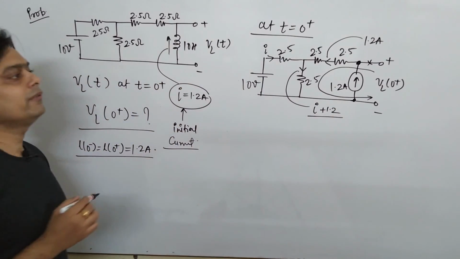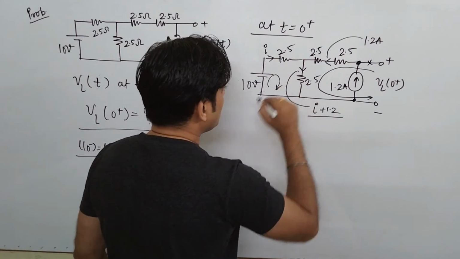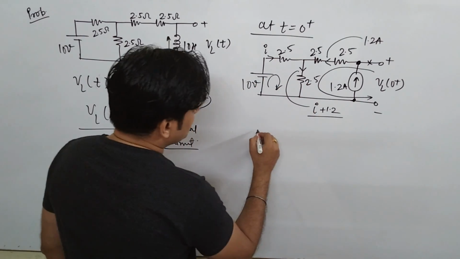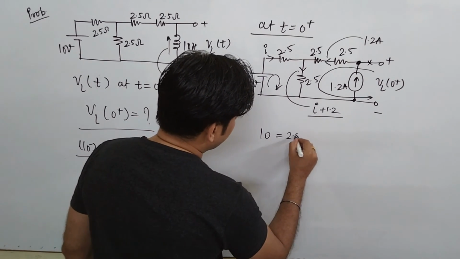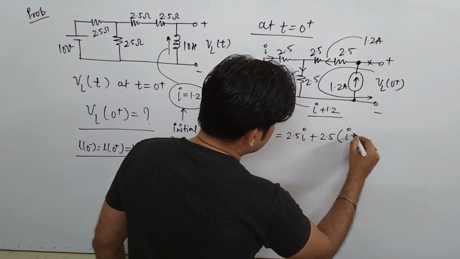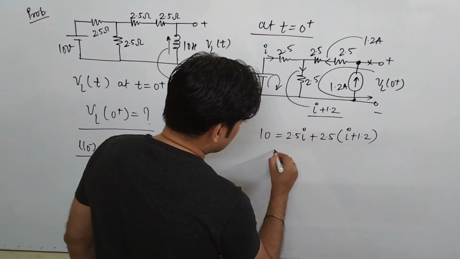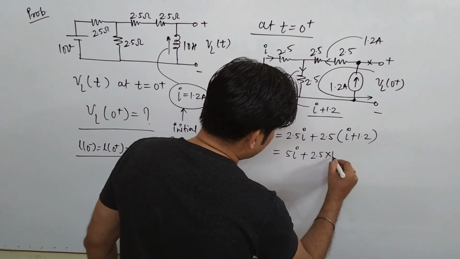Now if you know the value of I, you can get the value of VL(0+). For finding out the value of I, I am applying this loop. So you can say that minus 2 plus 10 is equal to 2.5 of I plus 2.5 of (I plus 1.2). Okay, so from here it is 5I plus 2.5 into 1.2.